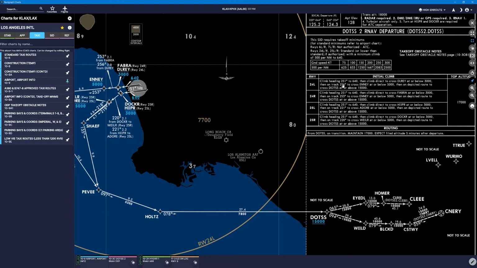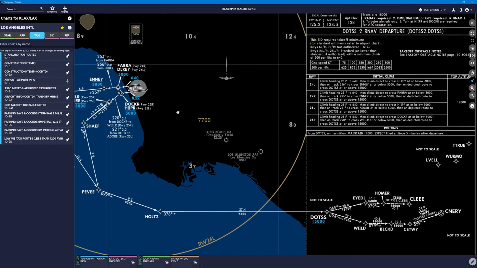They're saying climb heading 251 to an altitude of 640 feet, then climb direct to cross Del Rey at or below 3,000. Then stay on track 256 degrees to cross ANY at or below 5,000. Then on to the depicted route to cross DOTS at or above 15,000.